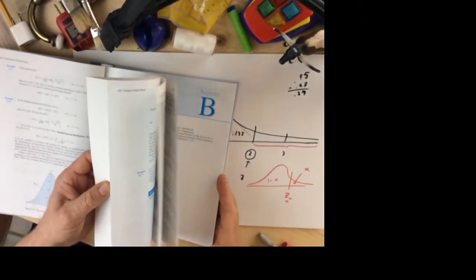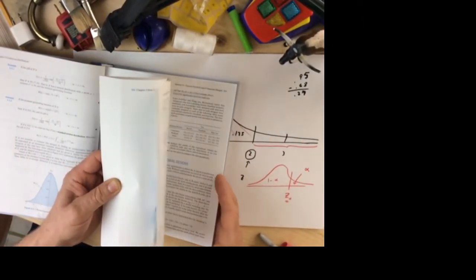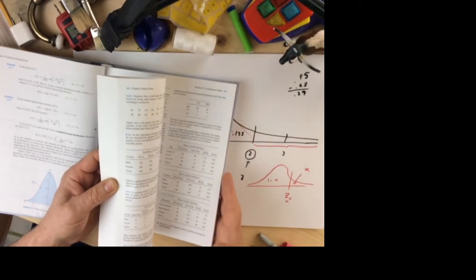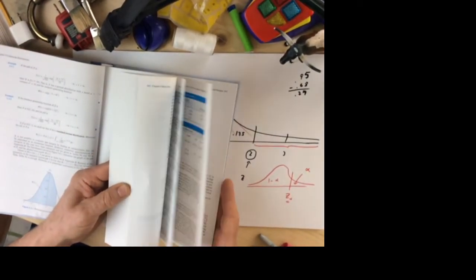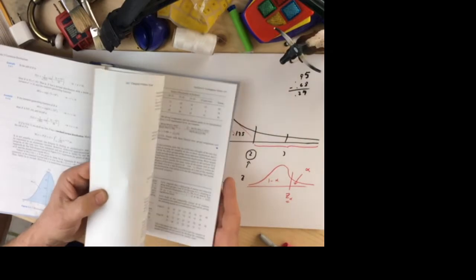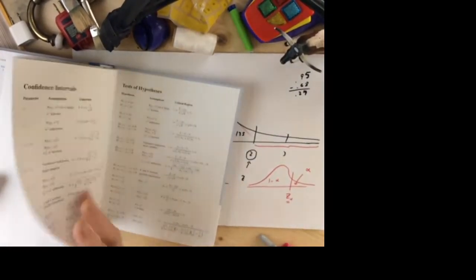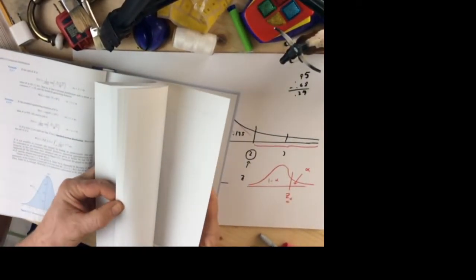So I'm going to go to the back of the book and demonstrate that in the back of the book there are several tables. Apparently I didn't go back far enough. There's our tables.